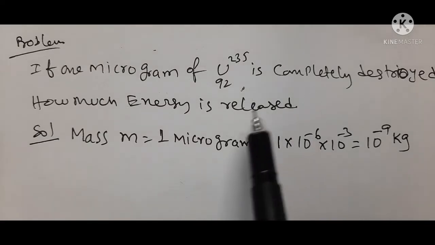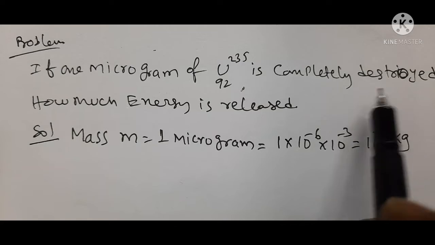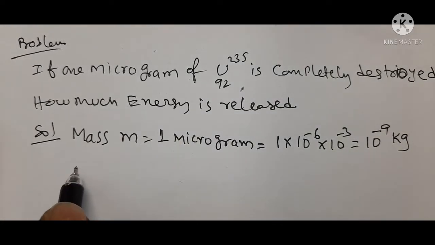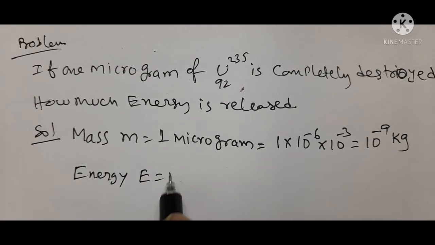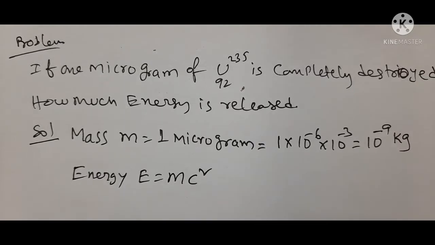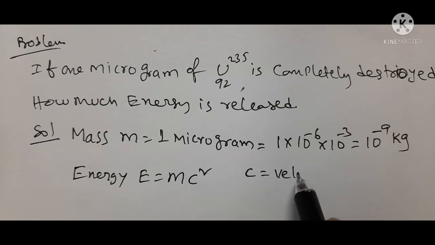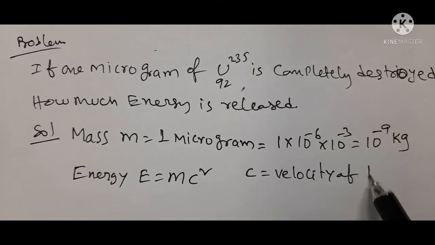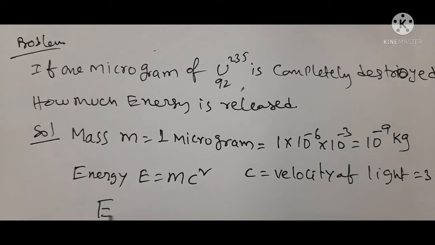So this energy is released. The question here is completely destroyed. So how much energy is released? As we know, energy E is equal to mc square. Now as you know, mass is given. c means velocity of light. What is the value of the velocity of light? That is equal to 3 into 10 power 8 meter per second. Simply substitute it. What will you get?